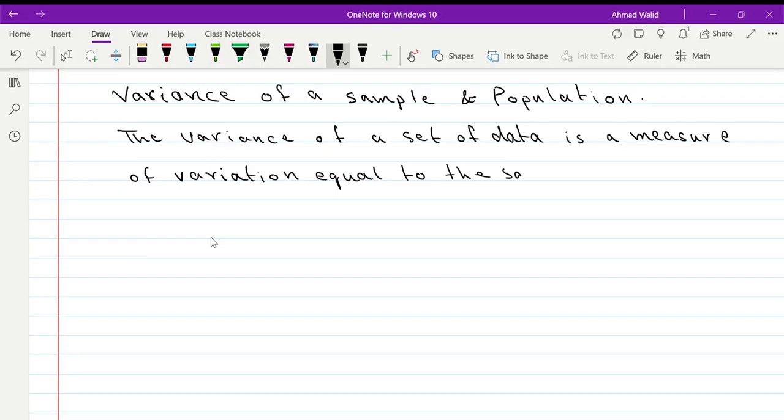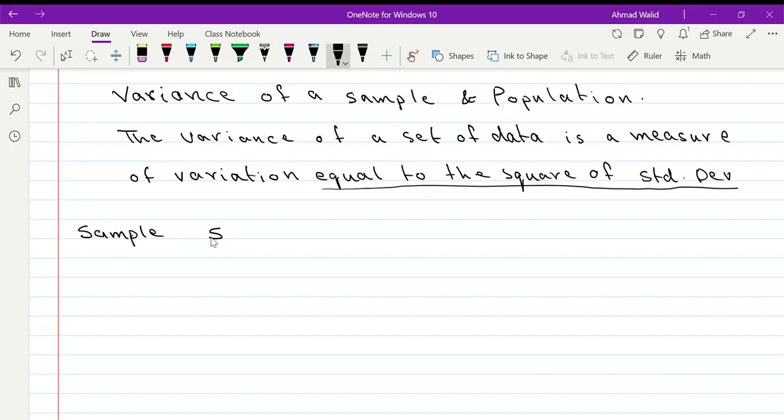This part is important. Equal to the square of the standard deviation. Look, for the sample, s was your standard deviation for what? For sample.